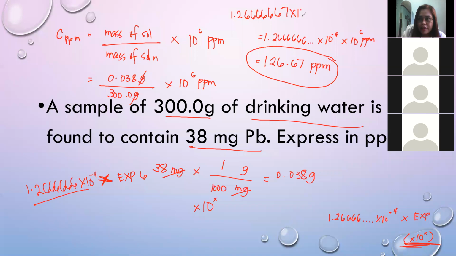For example, times 10 raised to the power of negative 4: press times, write 10, then use the arrow up key in your calculator, then 6. You will get the same answer.